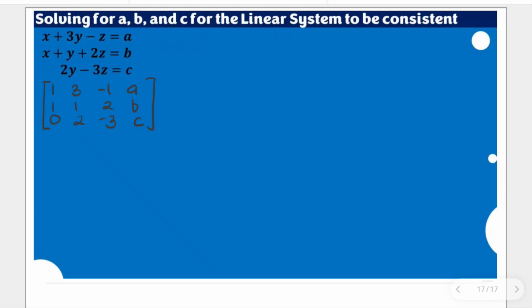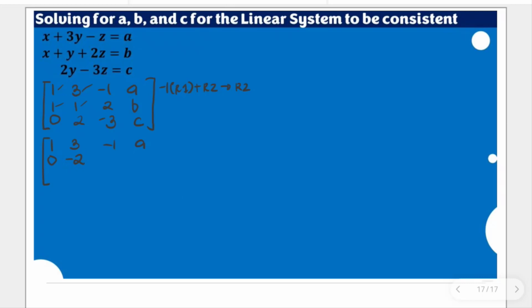Okay, so let's try to apply this set of row operations. I'm going to make this 0 first. So -1 of row 1 plus row 2 for a new row 2. So this would mean our new matrix is 1, 3, -1, still A. This would be -1 times 1 is -1 plus 1, 0. -1 times 3 is -3 plus 1, -2.